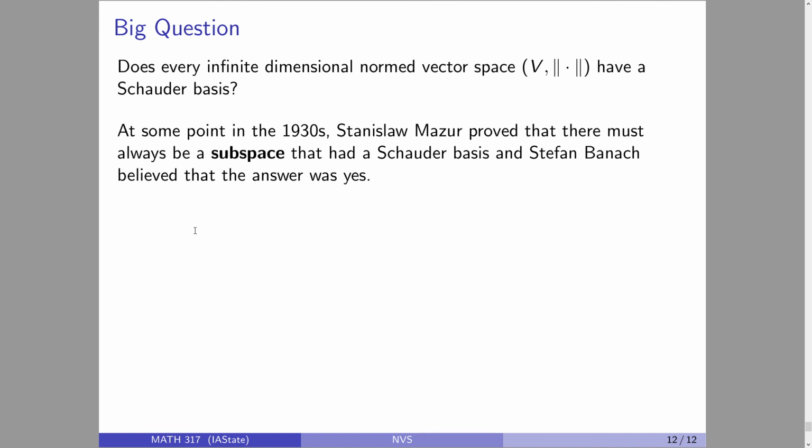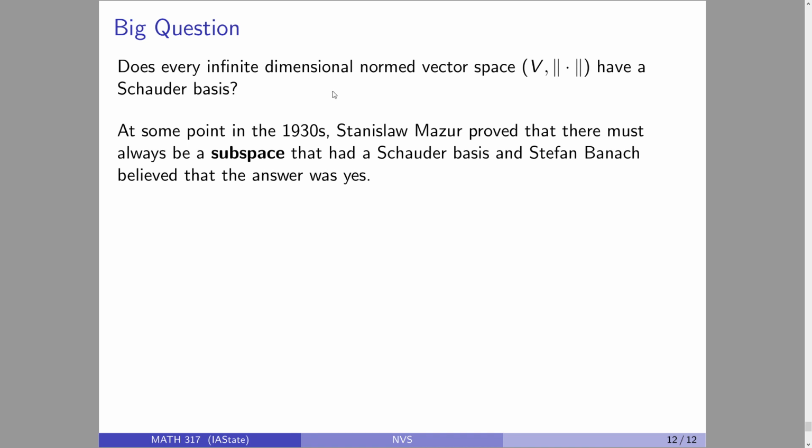So I looked into the history here. Nobody knows for sure when Mazur actually did this. They know he did, because at the Scottish Cafe they had a book called the Scottish Book, where they would write problems, and in the book were these scribbled notes about it. Man, that original book, that would be something. As far as anyone knows, the original book has been destroyed, I think.